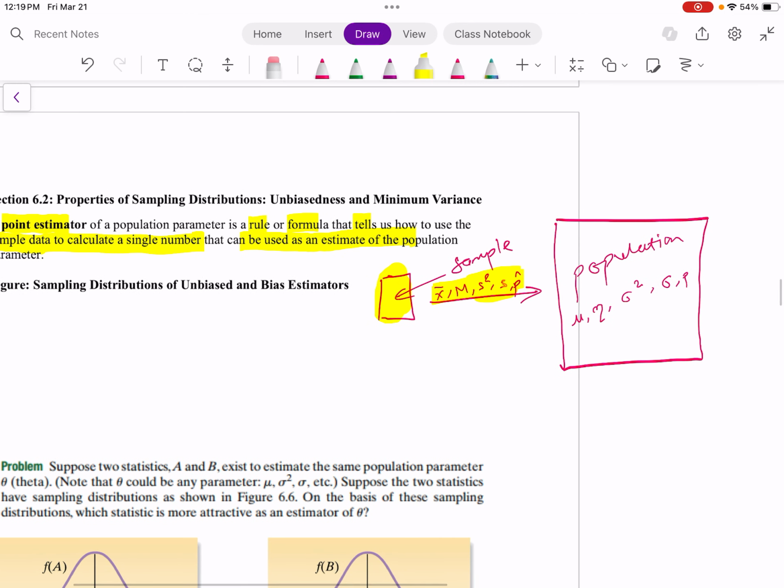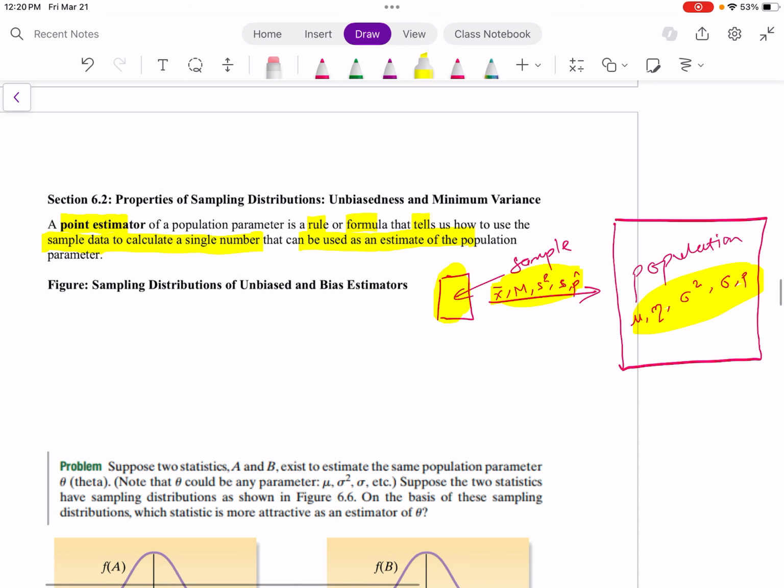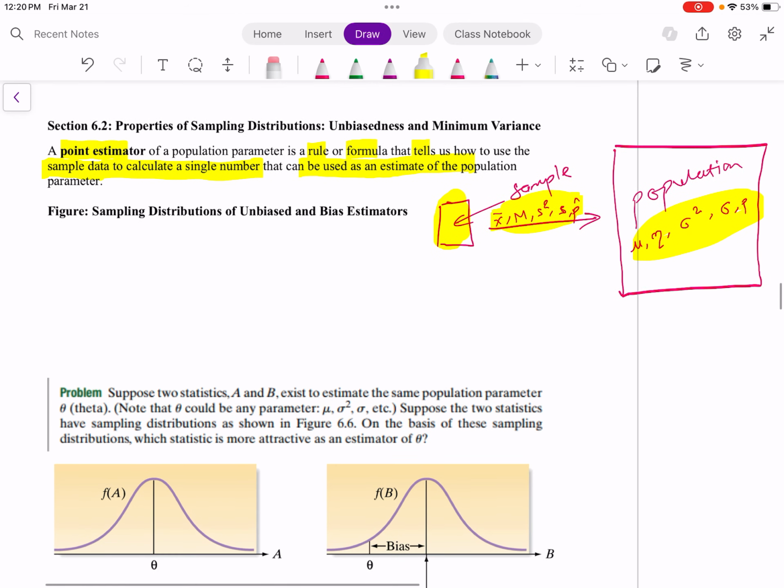So we calculate this single number and use it to estimate the parameter, and this rule is a point estimator.